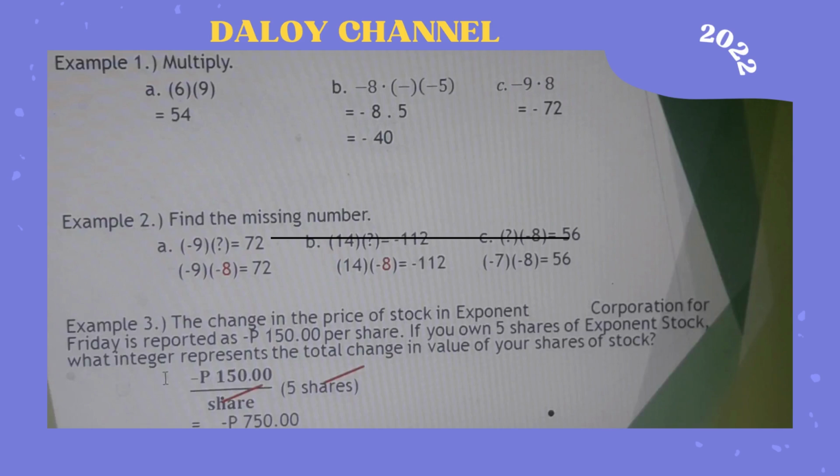Notice that the unit can now be eliminated since it is share over share, which is equivalent to 1. So finally, multiplying 150 by 5, the result is 750 pesos, the total change from the weekly reported amount per share.